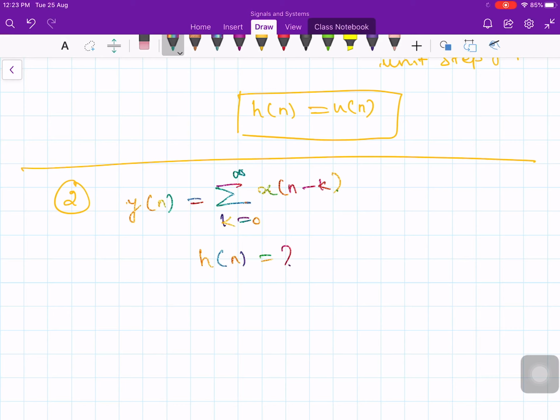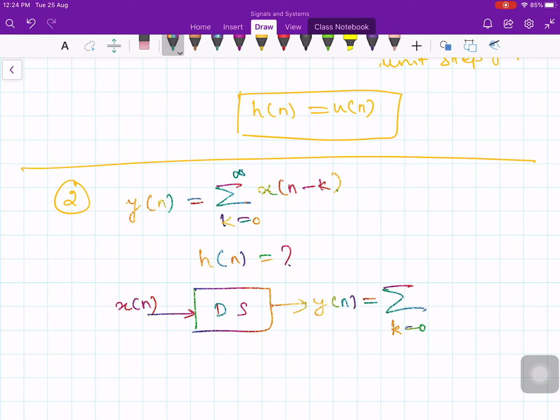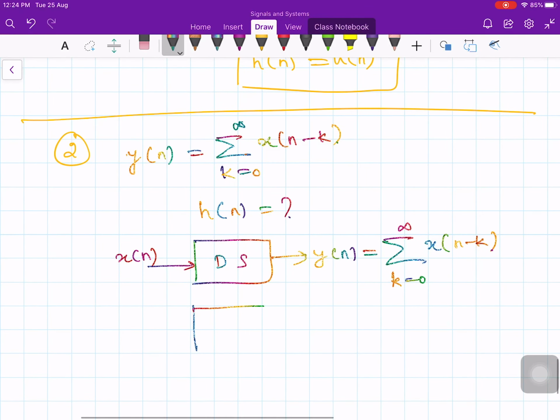See, you take a discrete time system. If the input is x of n, the output is y of n. What is y of n? It is given over here: sigma k equal to 0 to infinity x of n minus k. Take the same discrete time system and the input is now, instead of x of n, I am applying del of n.